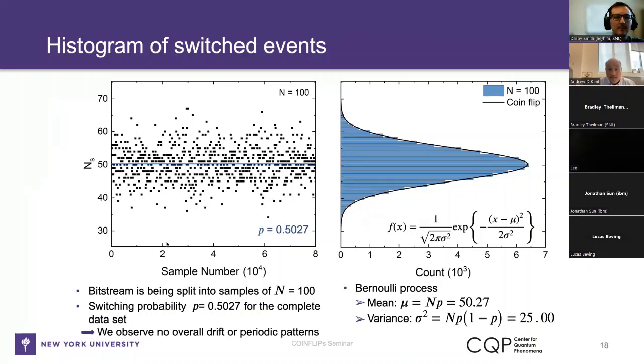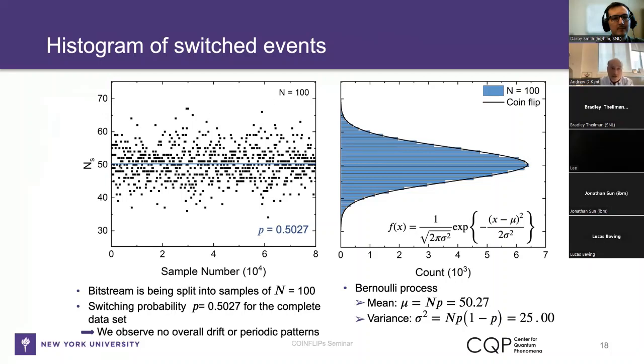And then we can just take samples. So this is an example of, I think, about 10 million samples, where we segment the samples into hundreds of groups of 100. And we say in that group of 100, how many cases did the state of the junction change? We call that a success.